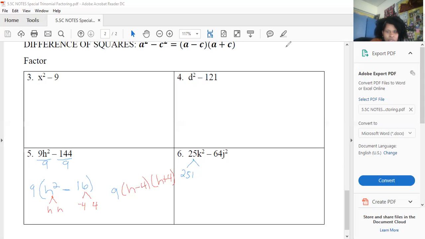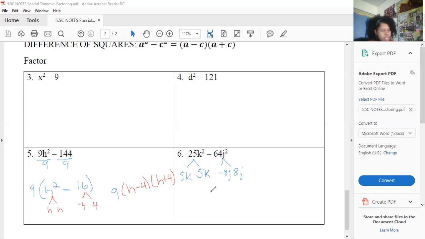So this is 5k times 5k. And then this breaks down into negative 8 times 8. And since I have a j squared, it's going to be negative 8j times positive 8j.